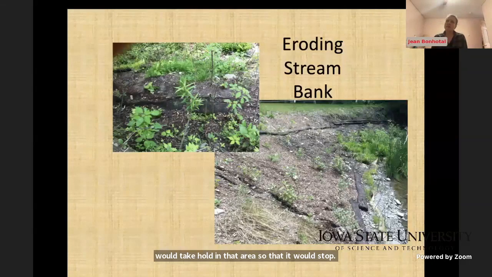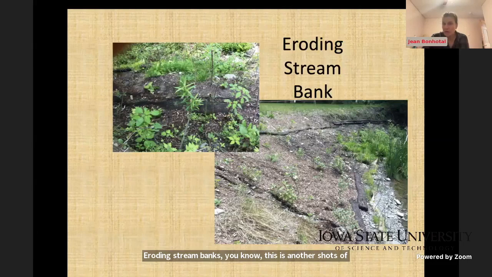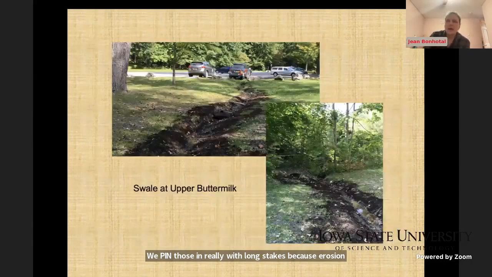Eroding stream banks, this is another shot of that. So we were working with that. We pin those in really with long stakes because erosion, water can move things everywhere. This is just a swale that we were working on to get water off the parking lot in this park.